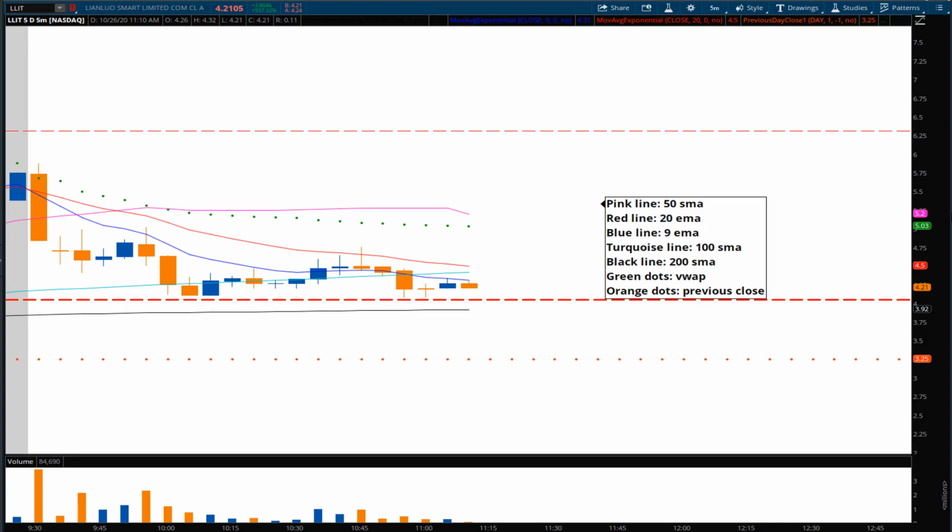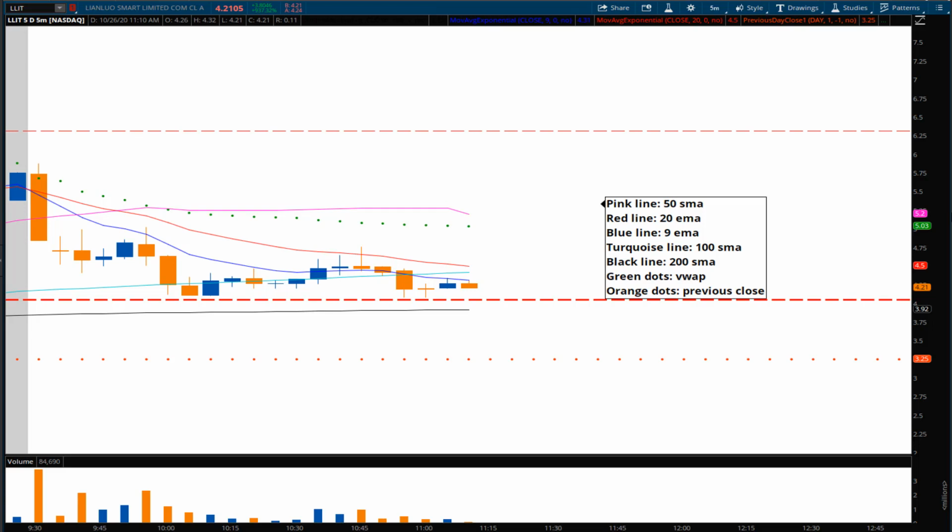If you have the 9 and the 20 on your charts, you don't need the 13 EMA. The 13 is the in-between of the 9 and the 20. There are a lot of traders that use the 13, so you could use the 13 EMA or the 9 and the 20, whatever you like better. The turquoise line is the 100 SMA. The black line is the 200 SMA. The green dots are VWAP, and the orange dots are previous close.